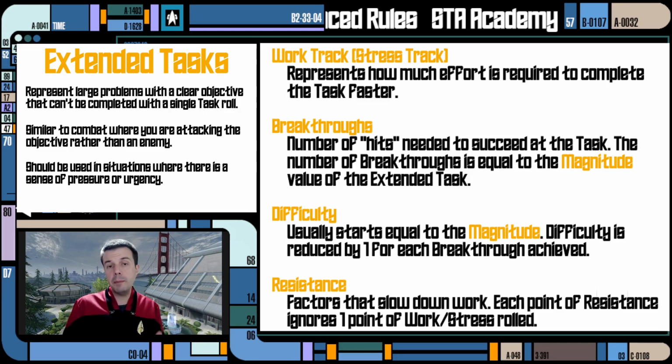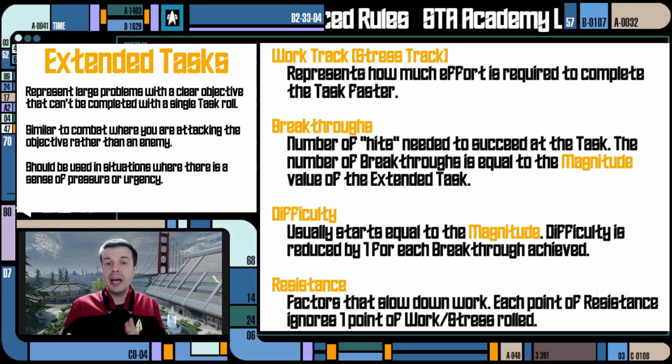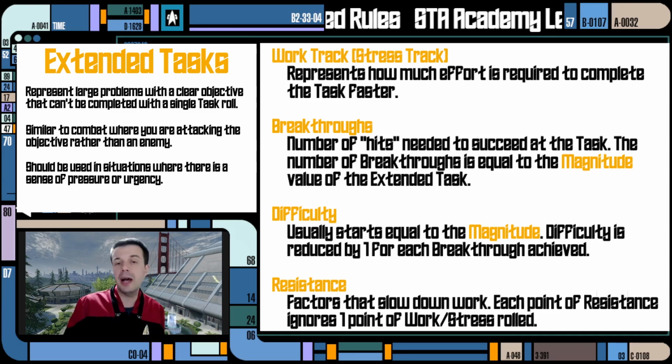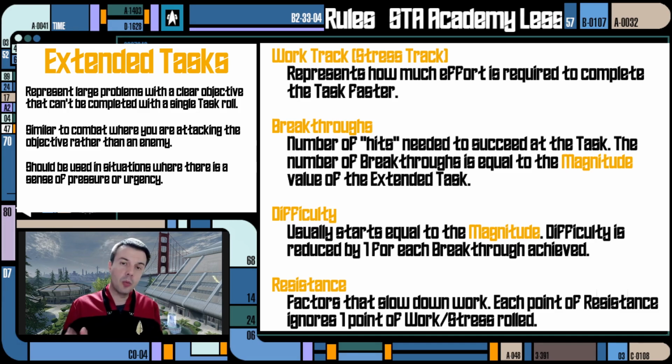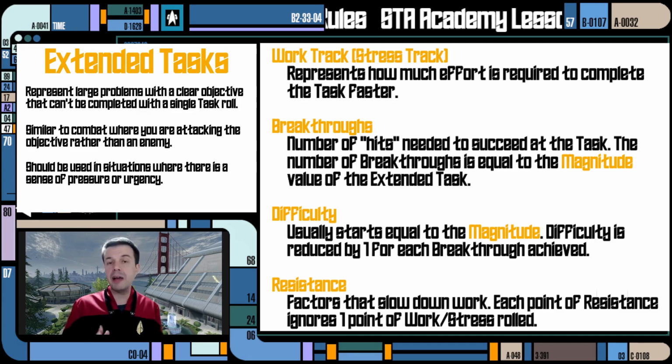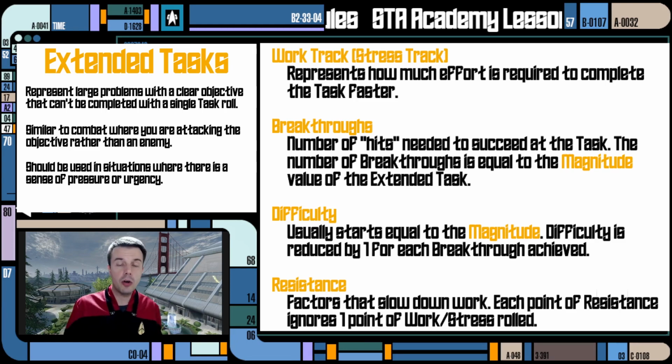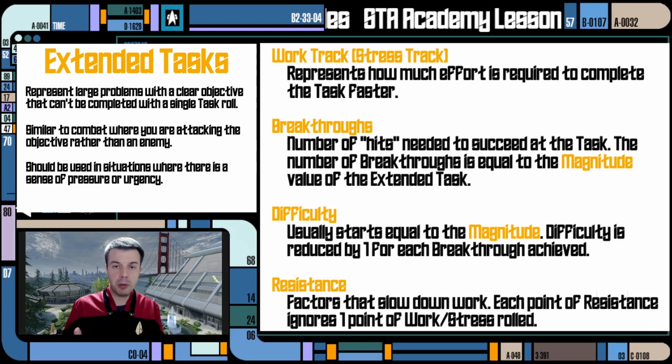Work track is usually between 5 and 20. I would say never put it under 5. There's really no point in doing that. And I would say rarely put it over 25 unless the situation you're running calls for it. 5 to 20 is perfect.